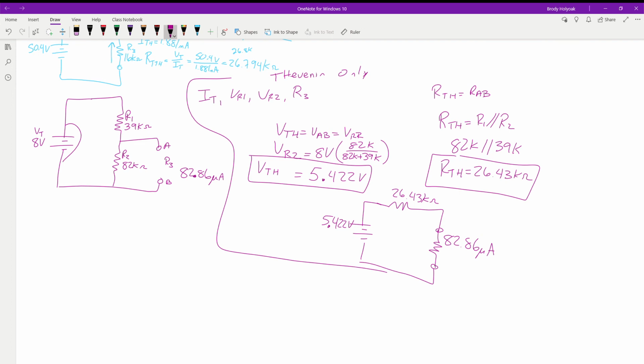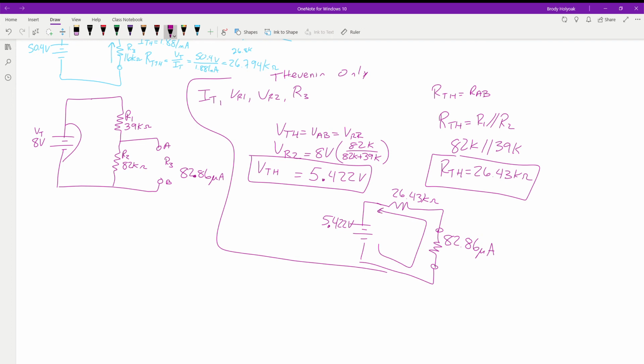Now we need to solve for this resistance value based on these parameters. I'm going to solve this in terms of voltage because we need this voltage across this guy anyway. So we might as well solve for it and go that direction instead of having to do an extra calculation at the end. If I have 82.86 microamps, I'm going to have that same current flowing through my entire circuit.